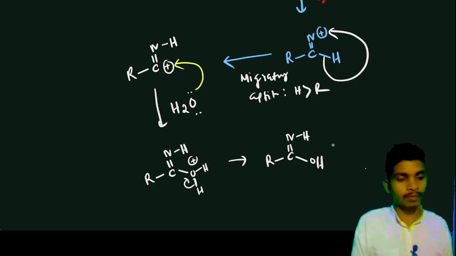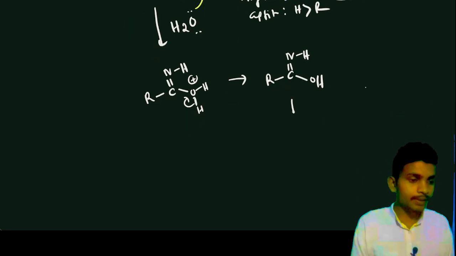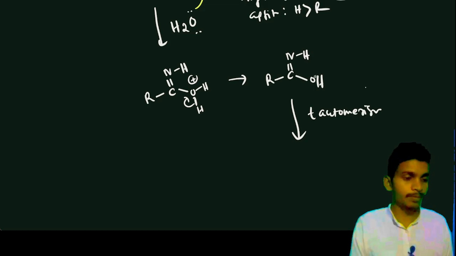And then what will happen? Rearrangement. Now tautomerism will happen. Tautomerism means this hydrogen here is going to shift here, and this is going to shift here.